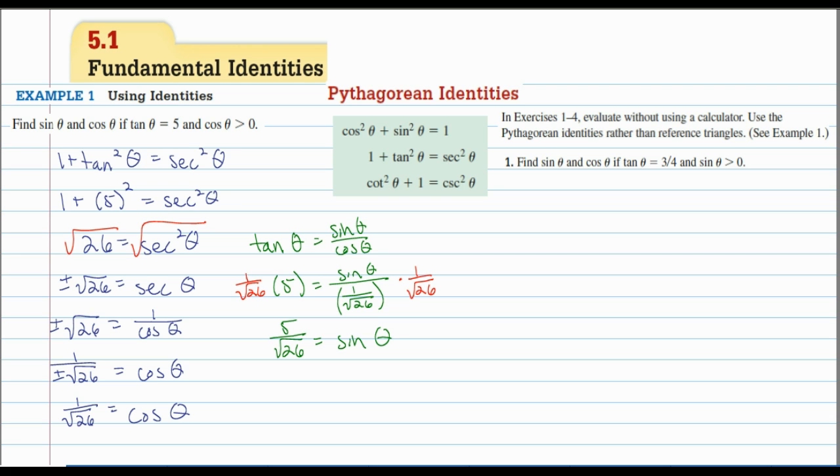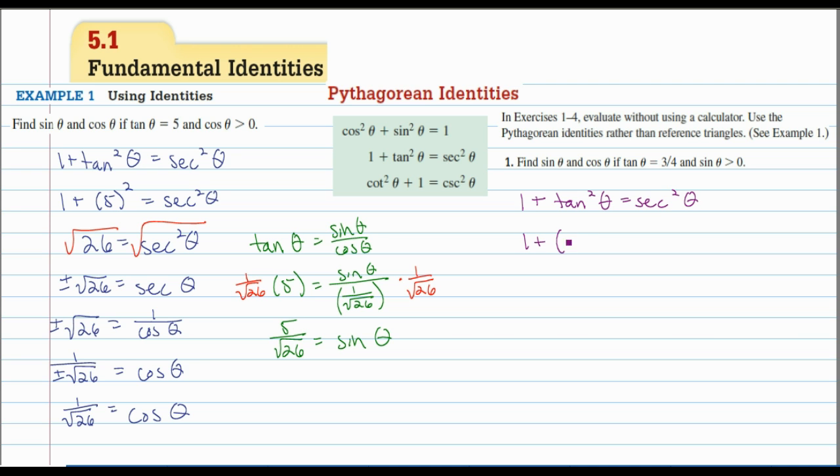The now try problem is example 1. Same kind of setup. It says find the sine of theta and the cosine theta if tangent of theta equals 3/4. So I will use the Pythagorean identity 1 plus tangent squared theta equals secant squared theta.